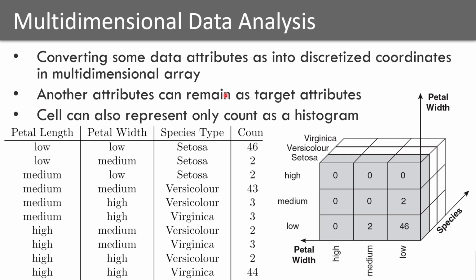Other attributes, however, can still remain as target attributes and can be represented in these cells. However, they need to be somehow aggregated there. So there could be a sum, for example, or an average, or simply a count. So cells can also represent a count as a histogram, which we can see in this case.